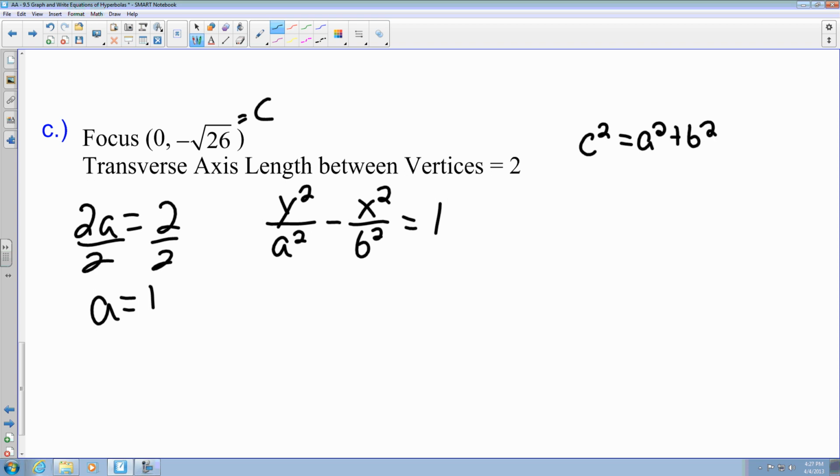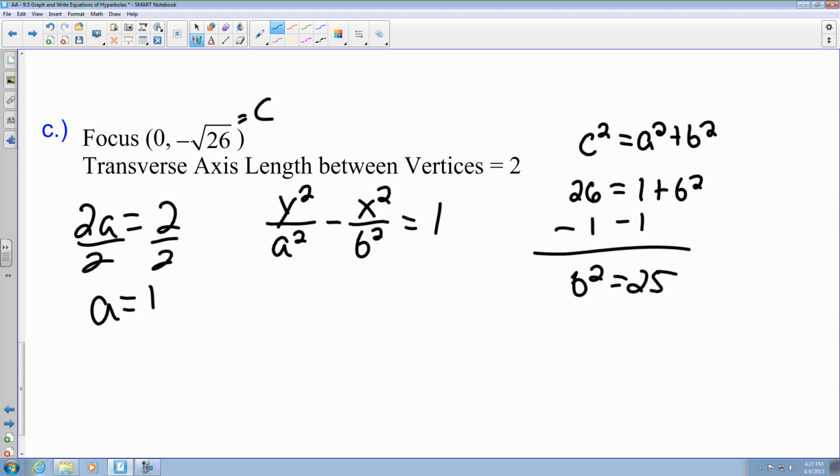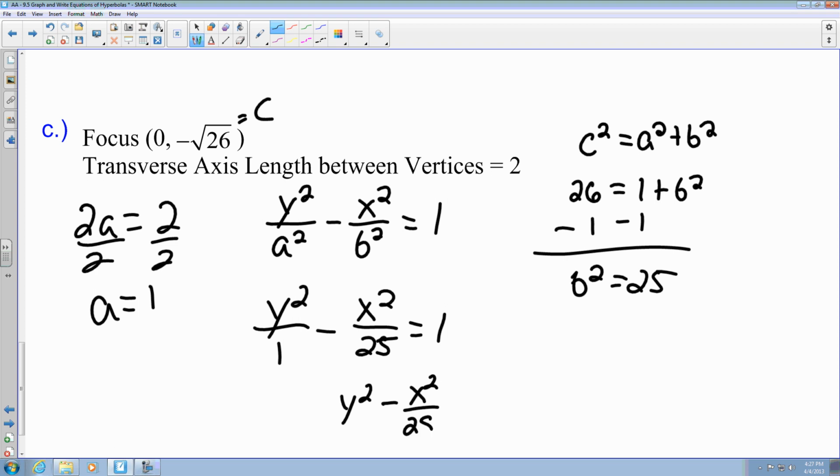So taking the square root of 26 and squaring, that's just going to be 26 equals 1 squared, which is 1, plus b squared. Subtracting the 1 from both sides, I get b squared equals 25. So now I can write the equation as y squared over 1 minus x squared over 25 equals 1. And if you want to simplify it more, you can write y squared minus x squared over 25 equals 1.